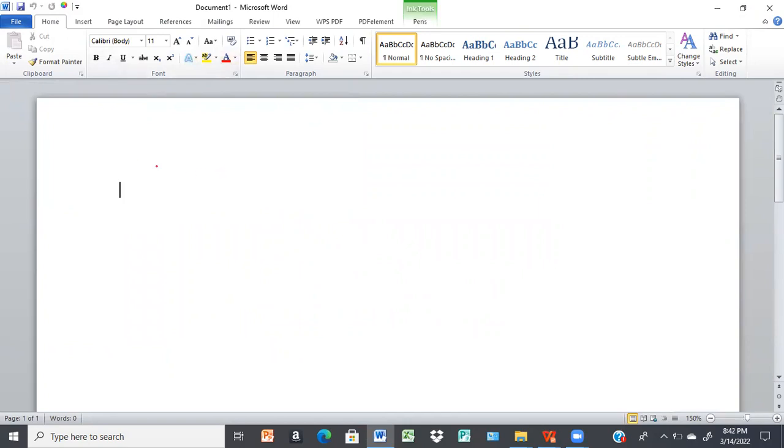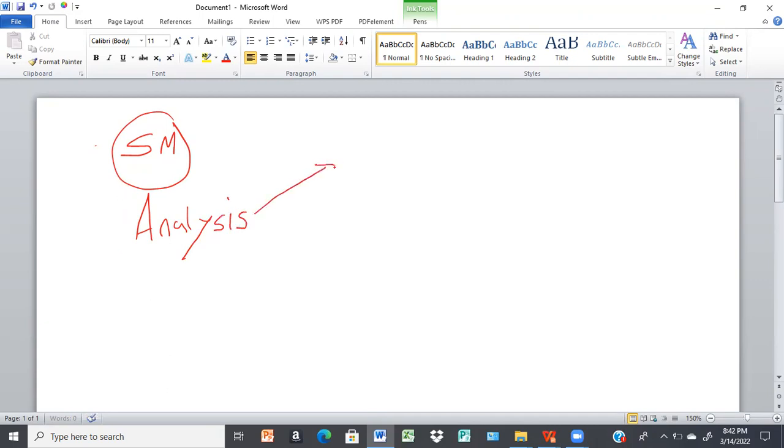Okay, so as indicated, strategic management has portions. First portion is analysis. You need to do the external analysis. We're looking at the macro environment and also the micro environment.